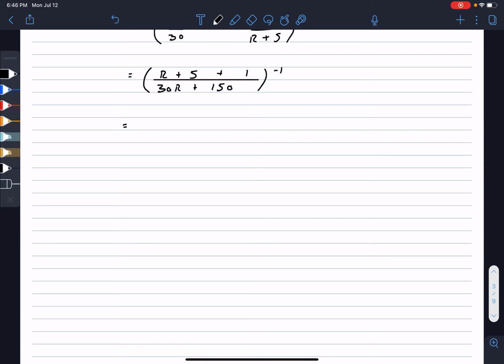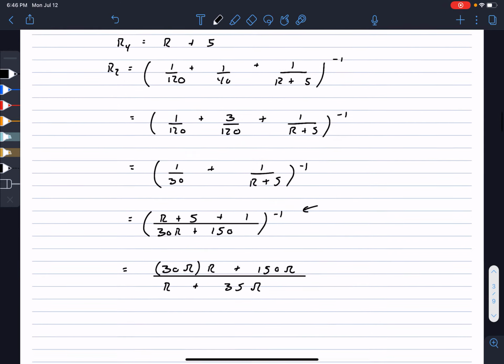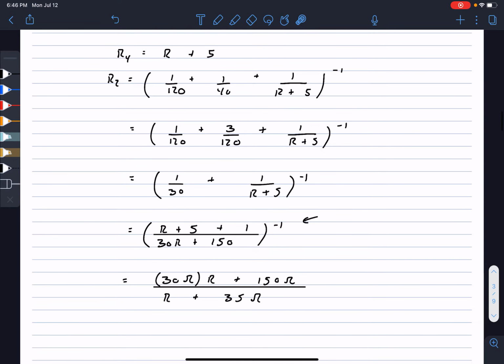So then that's going to give us 30 ohms times R plus 150 ohms. Remember, because this is inverse, that's why I'm flipping it. R plus 35 ohms. Wait, I missed a 30. This times this, this times this. Yeah, there should be a value of 30.